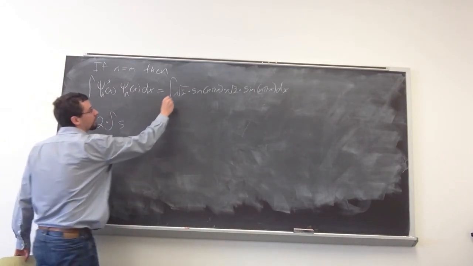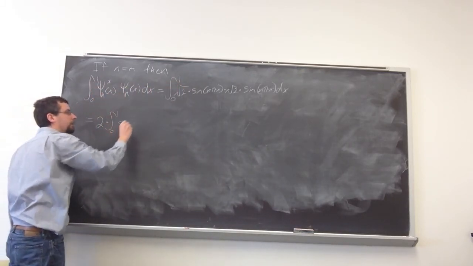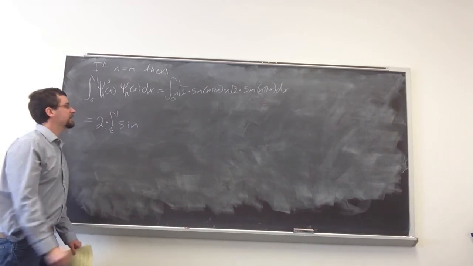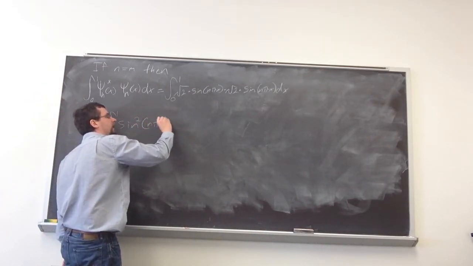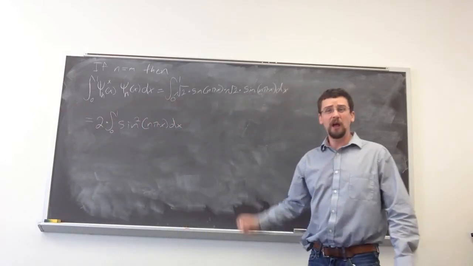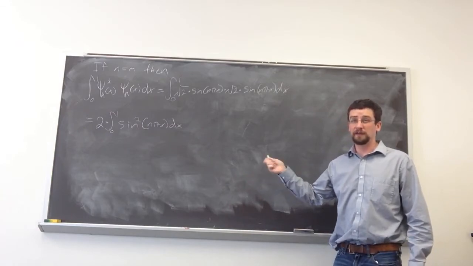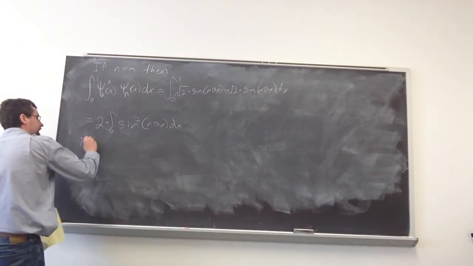Our integration limits are again going from 0 to 1. So we get sine squared n pi x dx. And again, this is a complicated integral. What you can do is look this up in a table of integrals.